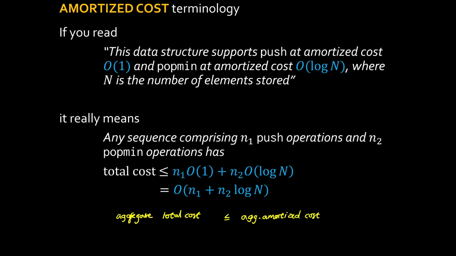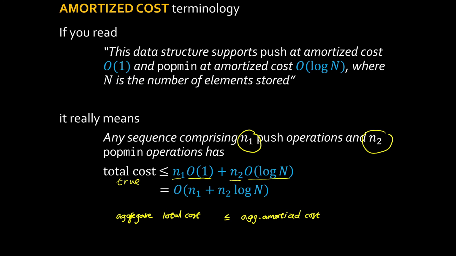So, what does that mean in the context of this data structure? It means that if we take any sequence of operations, for example, n1 push operations and n2 popmin operations, then the aggregate true cost is less than or equal to the aggregate amortized cost. For the aggregate amortized cost, I've got n1 copies of push, which has cost O(1), and n2 popmin operations, which have cost O(log n).